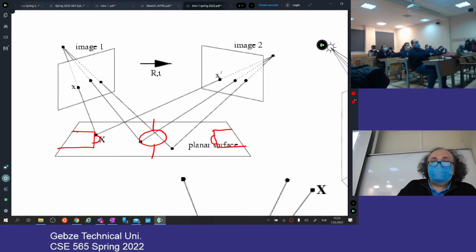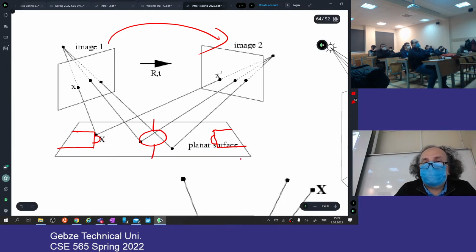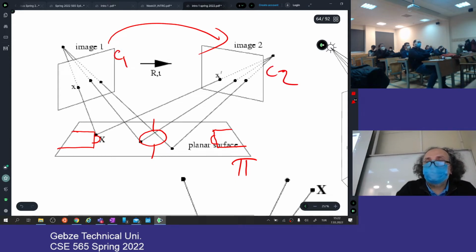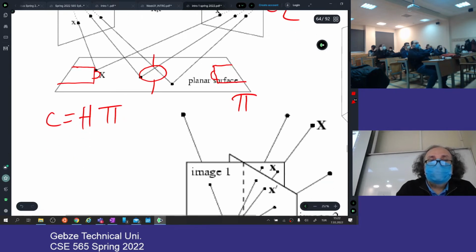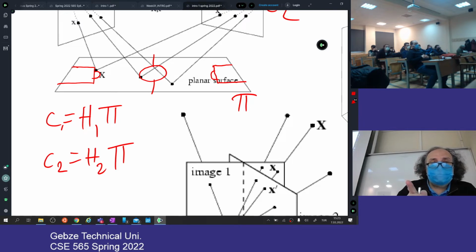I know that there is a homography between this plane and this plane. Also, there is a homography between this plane and this plane. Right. That means that I can define a homography between these two, because why? Let's say this is plane pi. This is C1 and this is C2. If there is a homography between pi and C1, and if there is another homography between pi and C2, then maybe I can do this.